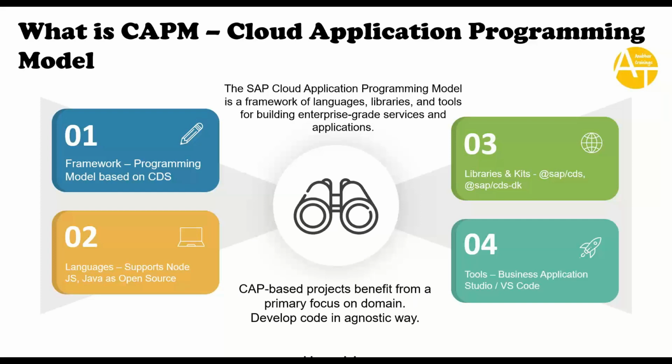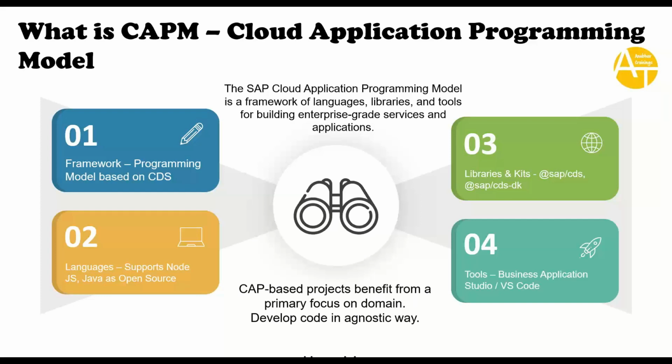You don't have to worry about underlying infrastructure or the deployment. Let the CAPM take care of all this for you, and you just do it a certain way, the golden path, and you develop in an agnostic way. Agnostic way means, for example, today you develop an application, it runs on SQLite database, and tomorrow you want that same application to run on HANA.